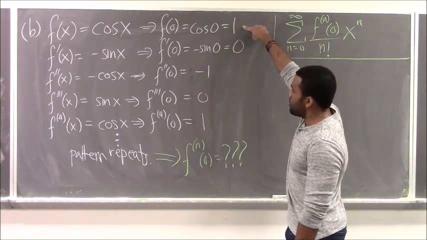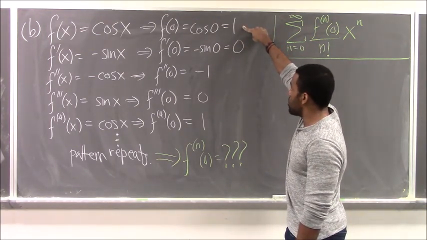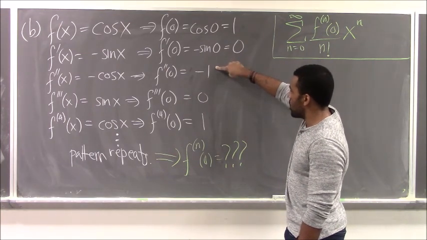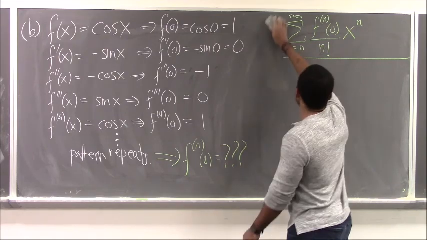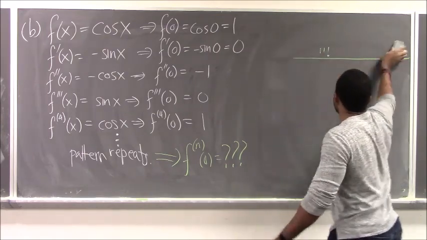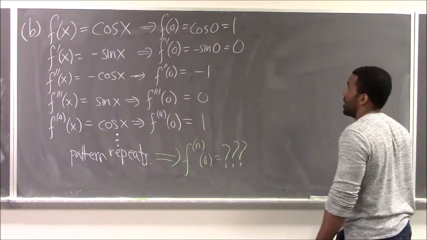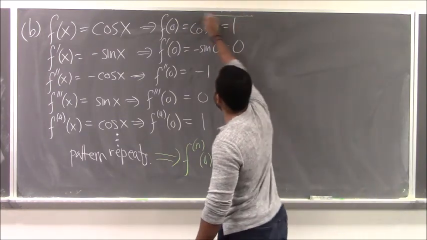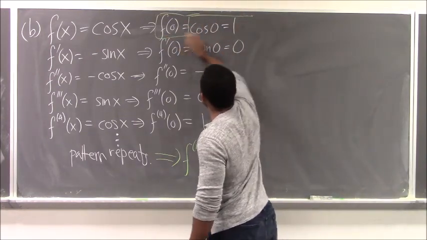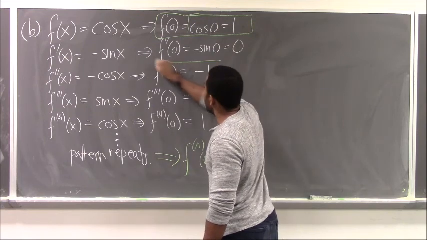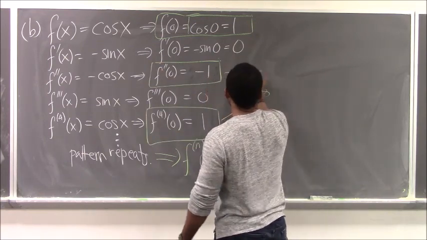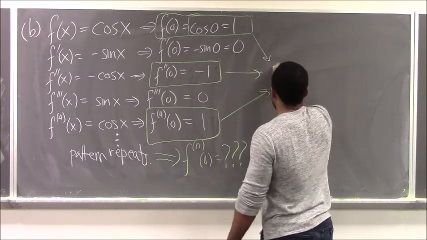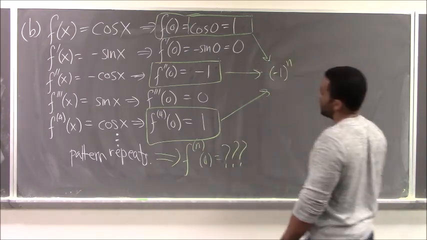If you only focus on the non-zero parts, you see a 1, then a -1, then a 1, then a -1, then a 1. So it turns out if you focus on the guys that are non-zero, like this guy, this guy, together those guys have a pattern, -1 to the n.